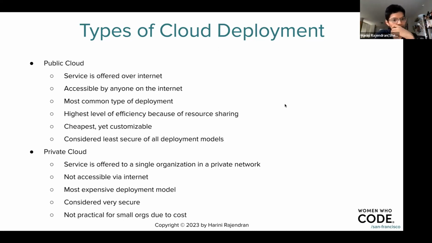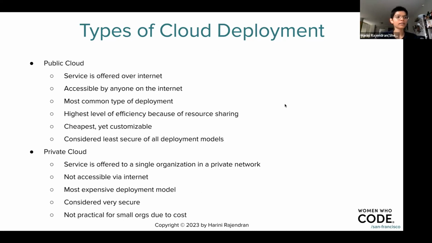And compared to the other models like private and hybrid, public cloud offerings are usually the cheapest because it's just available over the internet, and also economy of scale comes into picture. When more people are using some particular service, obviously it would get cheaper and cheaper because of that reason. But again, this is considered the least secure compared to the other two deployment models, because it's available over the internet.